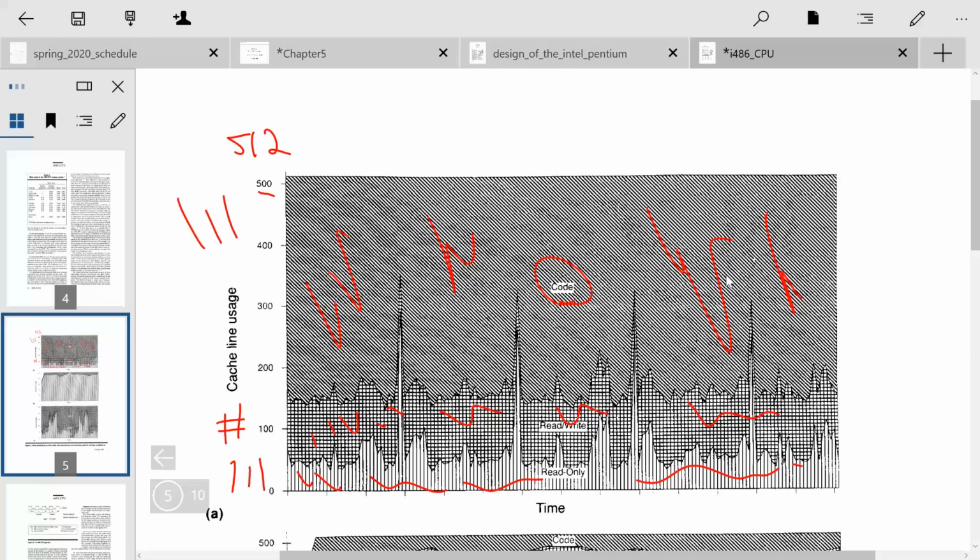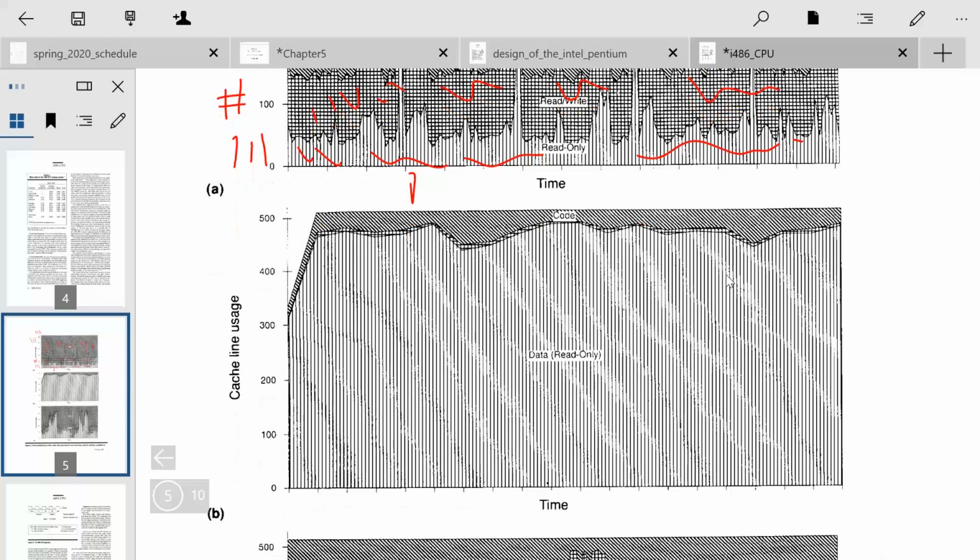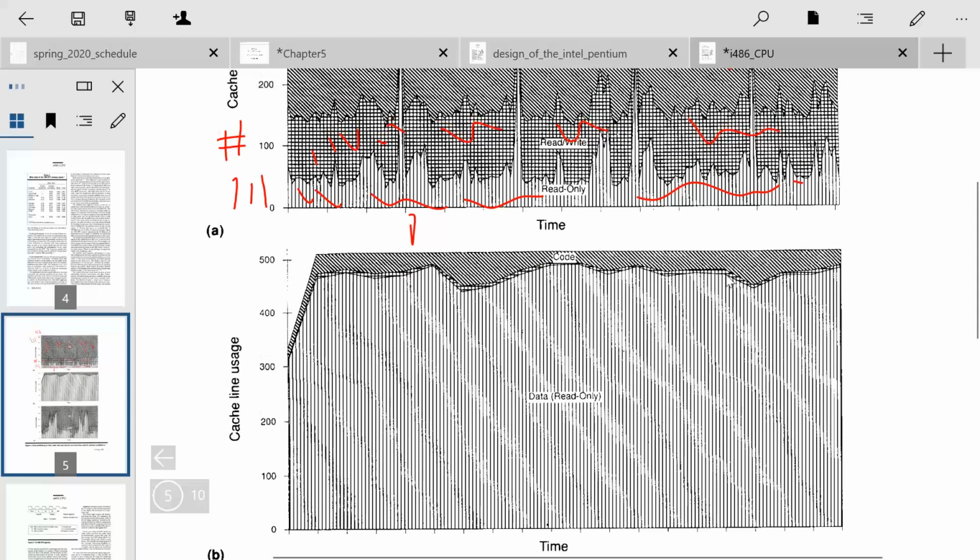Okay, so this is one particular application, and this is over time how it changes. And the other thing, I mean, just look how it changes over time. Okay, so at this point in time, there's a lot of read-only data in the cache and less instructions. And just changing applications, here we see mostly read-only data. All of this is read-only data, and very little of the cache is filled with code.